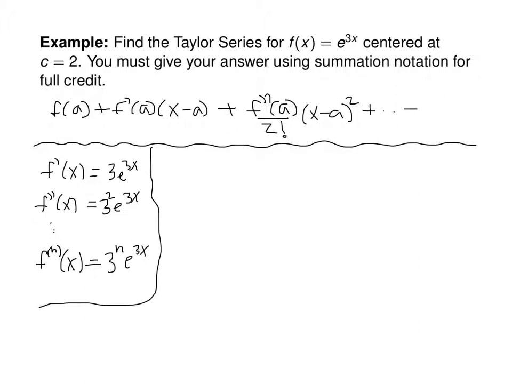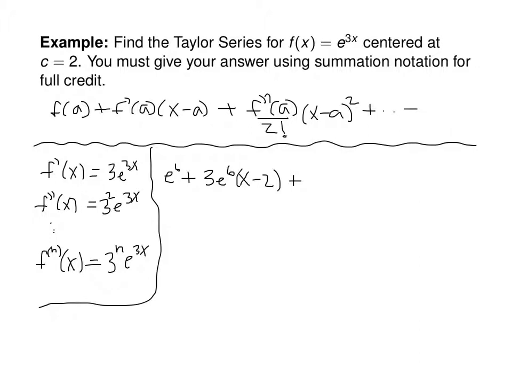So my Taylor series, inputting 2, we have that, first of all, f of 2 is e to the 6th. F prime of 2 is 3 e to the 6th times x minus 2.